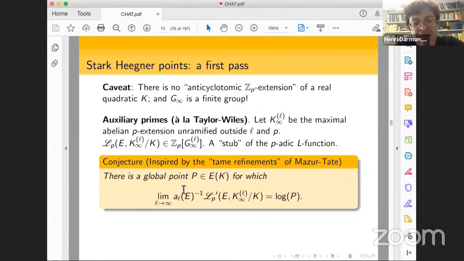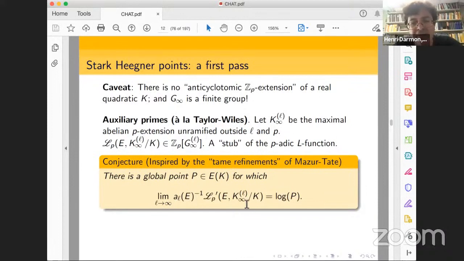And so if you take this derivative and you divide it by some factor depending on L, which is essentially the L-th Fourier coefficient of the modular form attached to E, and you take a limit as L goes to infinity, you get the log of a global point. Now, when I say take this limit, you have to take it over a suitable sequence of primes, which are becoming congruent to -1, in this case, modulo higher and higher powers of p.